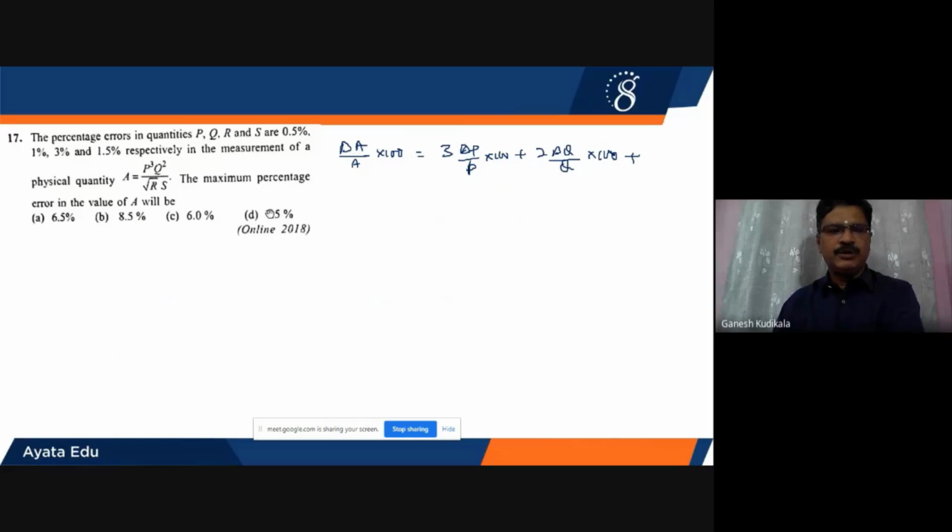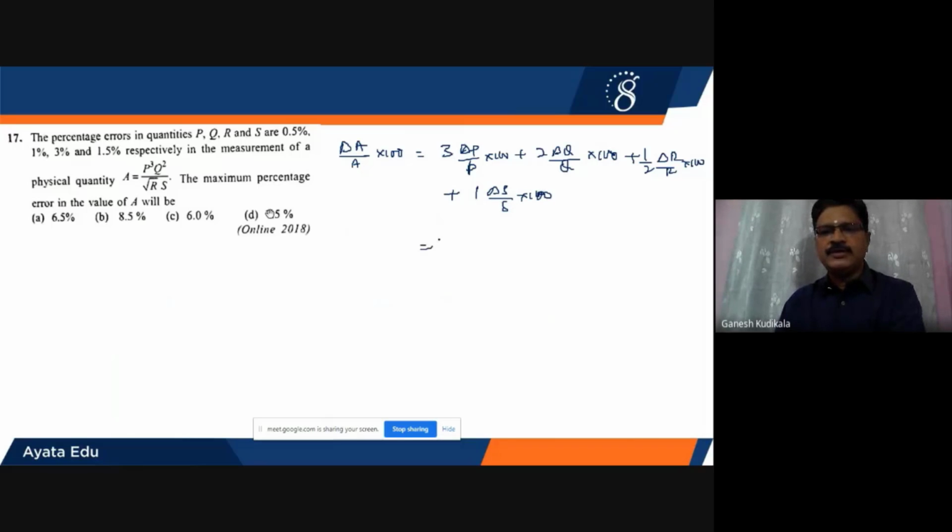Though in the denominator, we should take positive only. It is half of delta r by r into 100, because errors are being added up, plus 1 into delta s by s into 100.